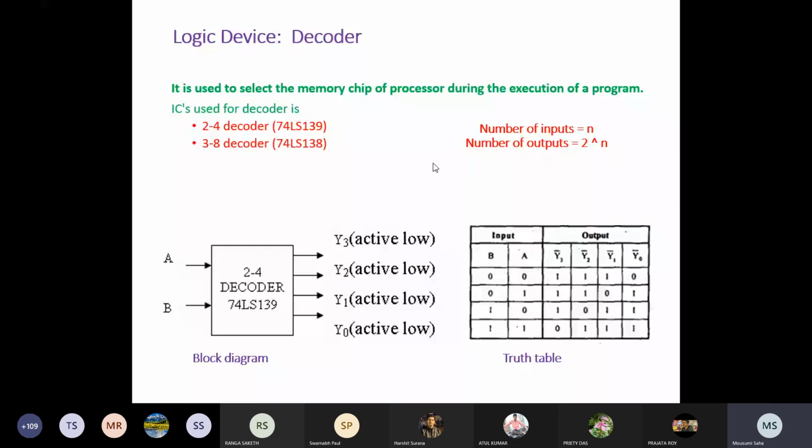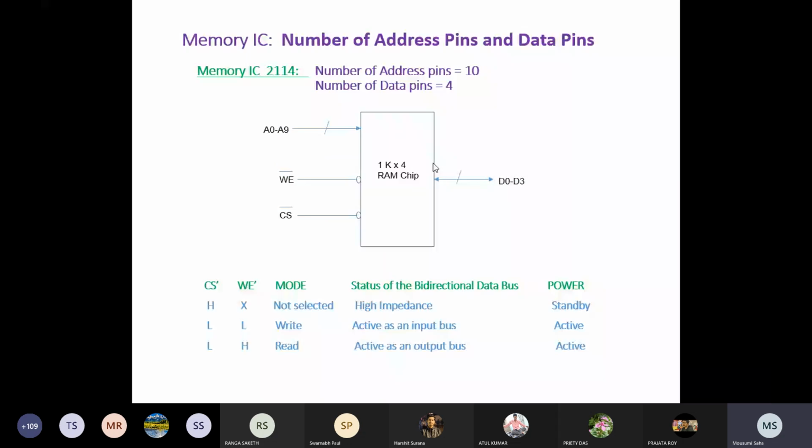The 74139 and 74138, both decoder circuits we have in the market, have active low output lines. There is a reason: the chip select line in your memory is active low, and this chip select line is connected to the decoder.